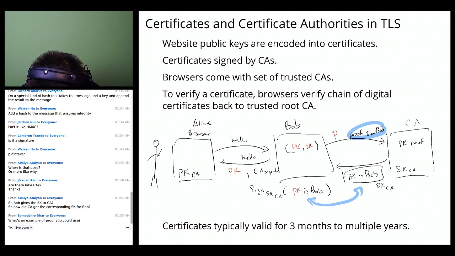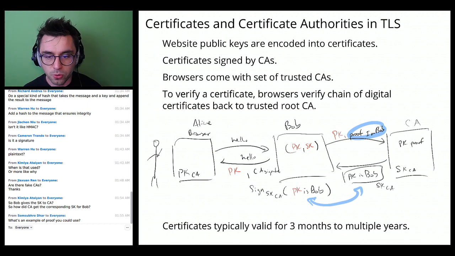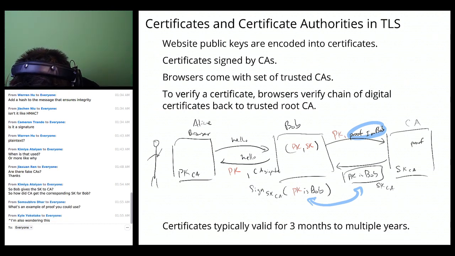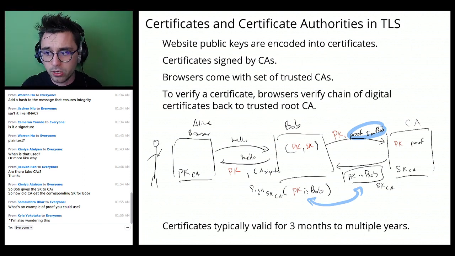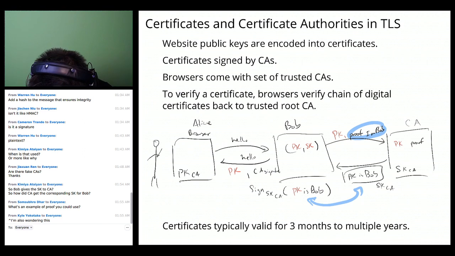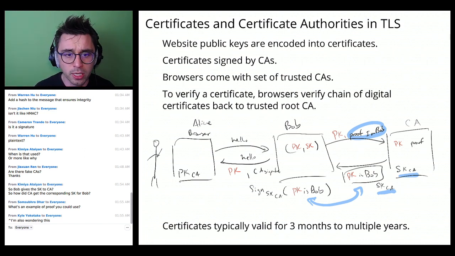So PK is sent over the wire to the certificate authority. The certificate authority takes the PK and the proof. If it verifies that that is actually Bob, then it sends a certificate back that says PK is Bob, and it signs it with the certificate authority's key.